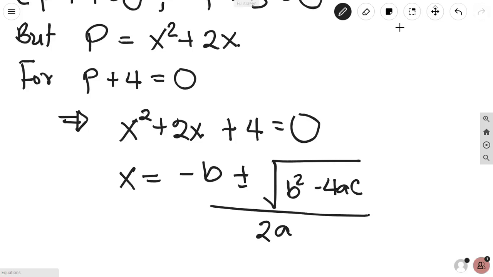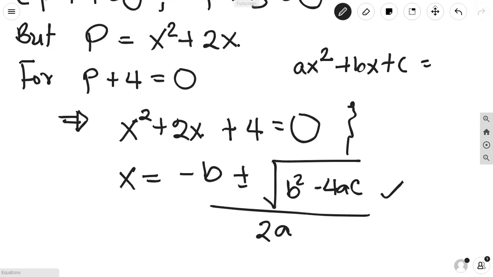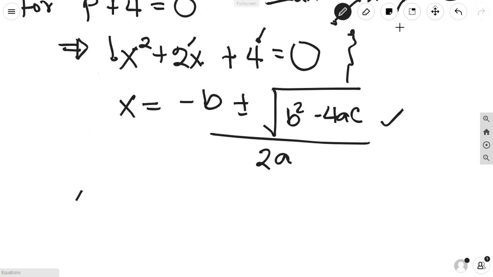When we are using this formula, we recall that the general form the quadratic equation takes is ax² + bx + c equal to 0. So in other words, a is 1, b is what? 2, and c is what? 4.